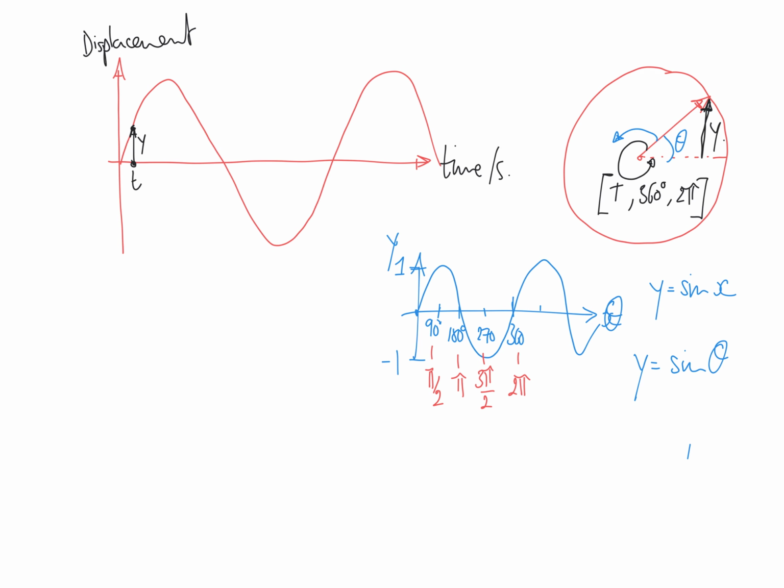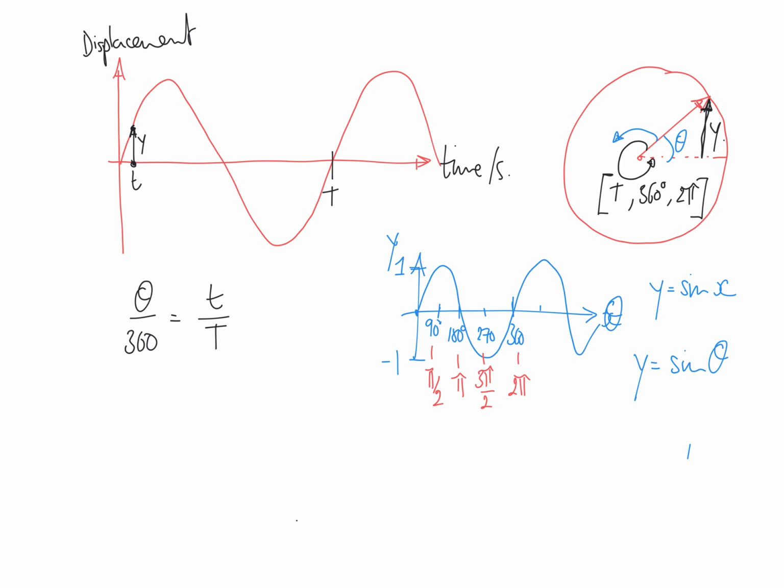So let's say the number of angles compared to 360 is going to be the same as the time period by the time that you have taken, of the entire cycle, so the time period here compared to the entire cycle. And that's going to give us the number of angles we've gone through compared to 360.